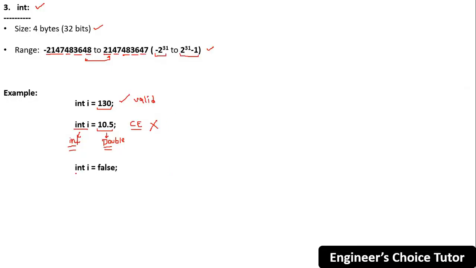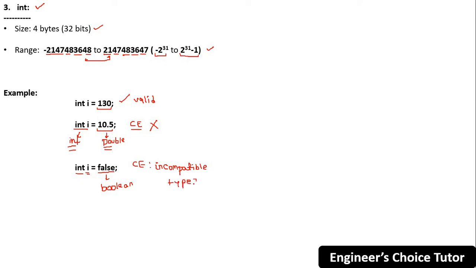Now let's see the next example. int i is equal to false. Again, what am I trying to do here? This is a boolean type value. I'm trying to assign it to an int type variable. Is it acceptable? No. You will get the compile time error saying incompatible types.